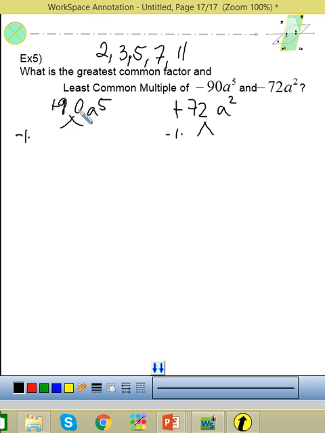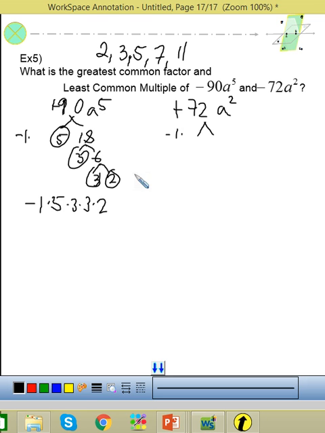So therefore, 90. Which one of these divides evenly? 5. 5 times what? 18. 3 times 6. 3 times 2. My factors are -1 times 5 times 3 times 3 times 2. A to the 4th, A to the 3rd, A to the 2nd, and A. All right, this one.